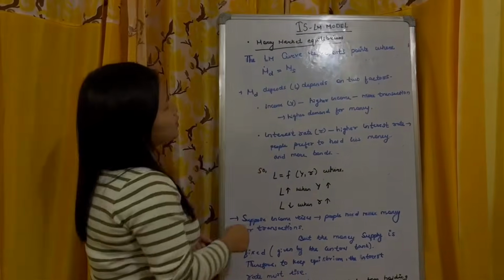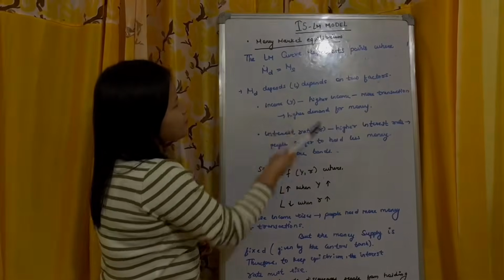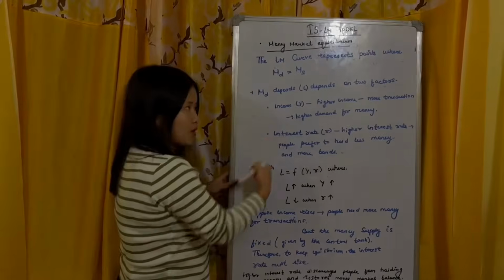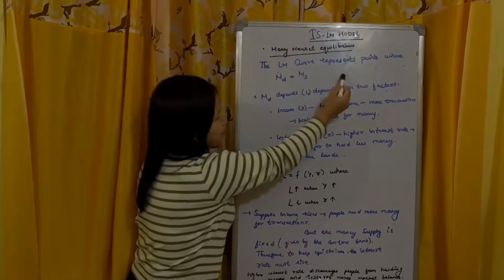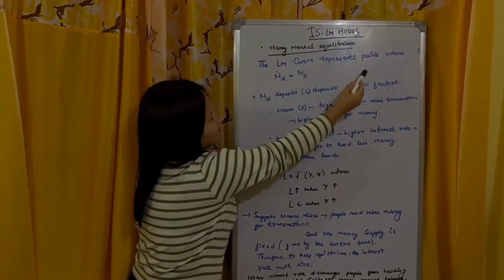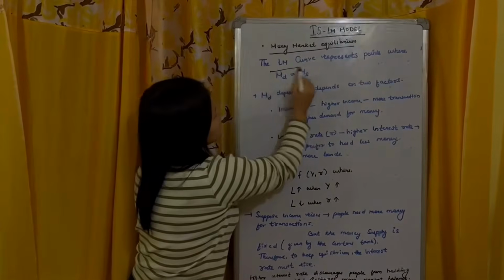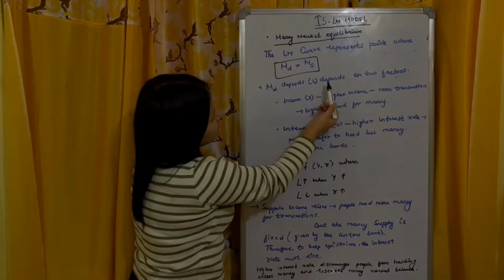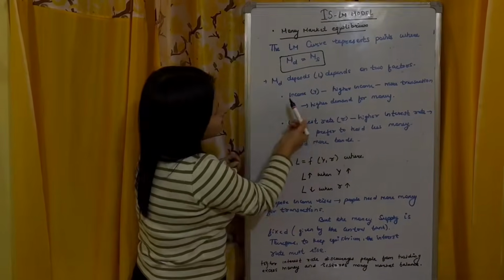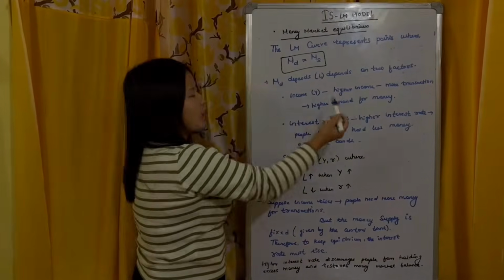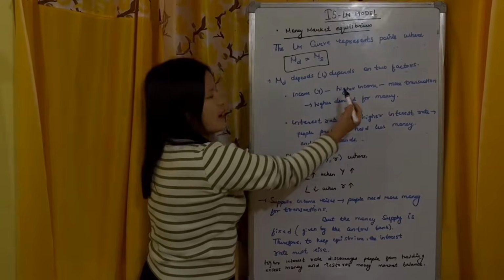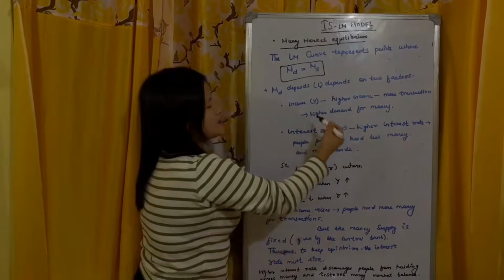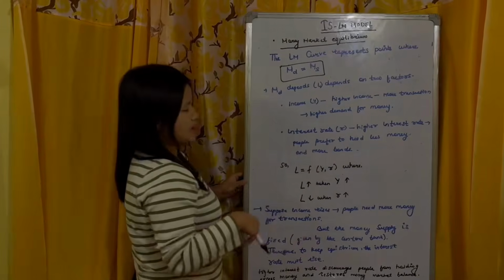Next, money market equilibrium. The LM curve represents points where money demand equals money supply. There is an equilibrium called money market equilibrium in this case. Money demand depends on two factors. The first one is income. When there is higher income, there will be more transactions and higher demand for money.